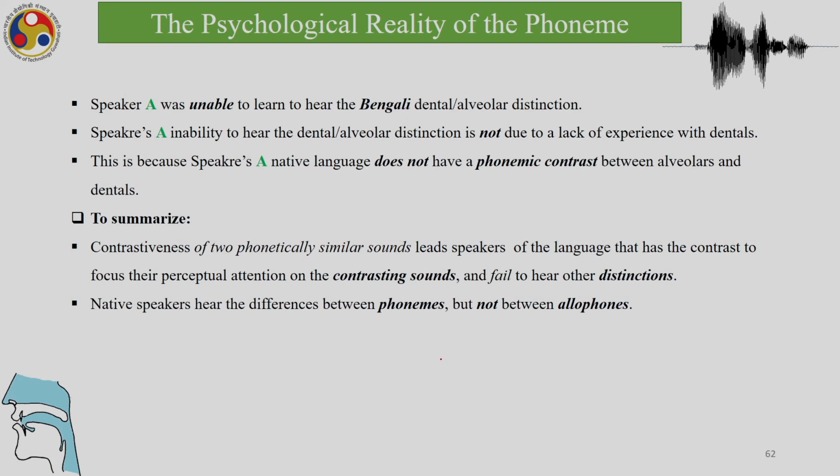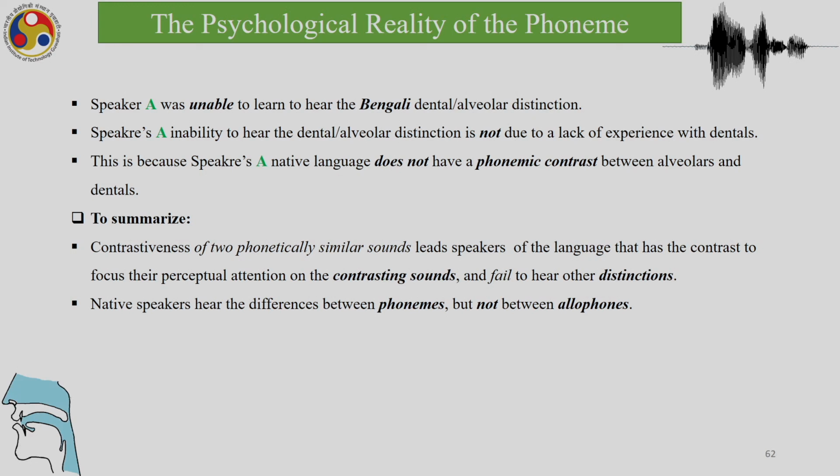However, not unsurprisingly, because speaker A is a speaker of a language where dental and alveolar sounds are not contrastive, speaker A was completely unable to hear the Bengali contrast. And speaker A's inability to hear the dental alveolar distinction is not due to the lack of experience, but because speaker A does not have a phonemic contrast in her language.